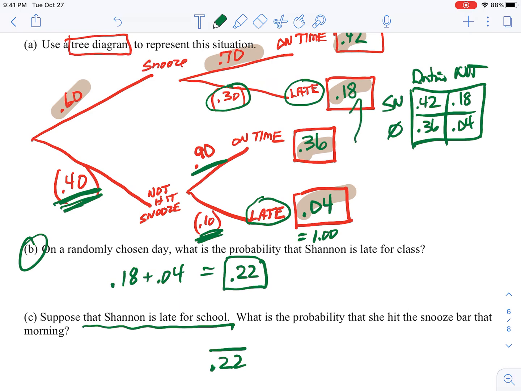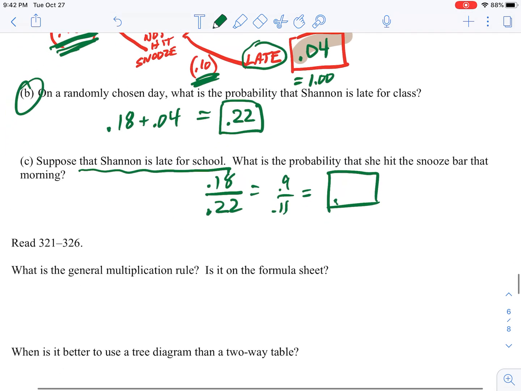It was the 18% of the 22% where she had hit the button. And so that would be like 9/11. We could get that into a decimal if we wanted to. I don't have my calculator with me, but that would be the way you would do the probability. So out of the total lateness, which was 22%, it was 0.18 out of that 22% of the time she'd hit the snooze button. So we can get the probability there as well.